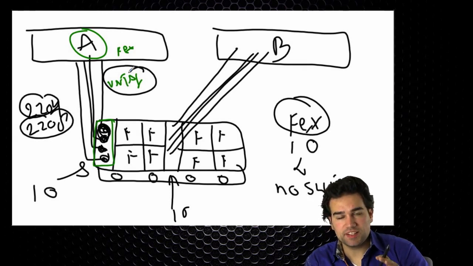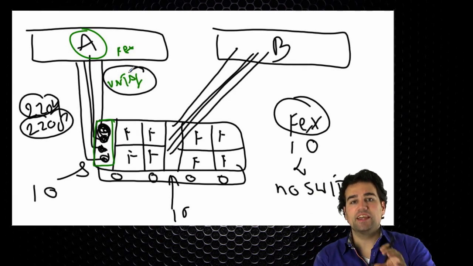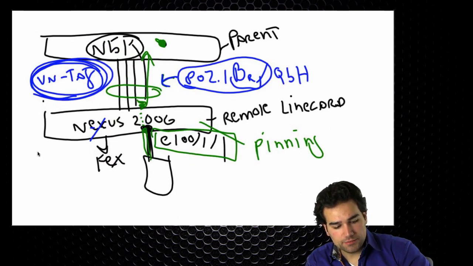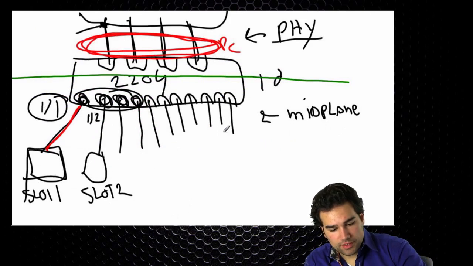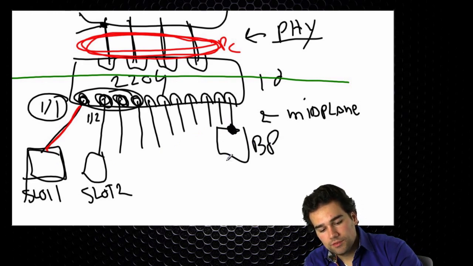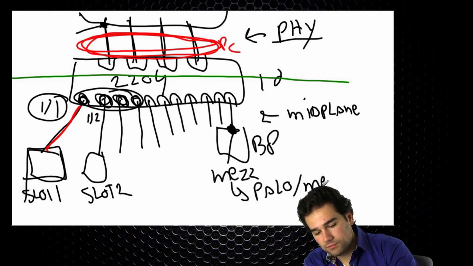Now that is the first part. That's how I physically connect the mezzanine card. So again, what is connected here? If I say, all right, here I have blade 8 connected. What is connected to this port? That is the mezzanine card. That is that Palo or Menlo card.